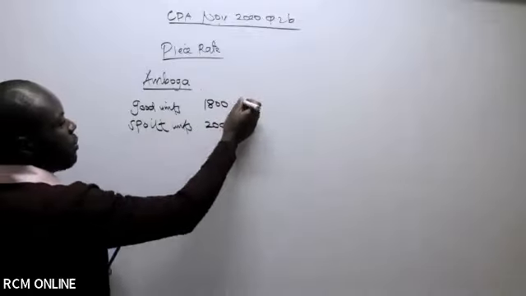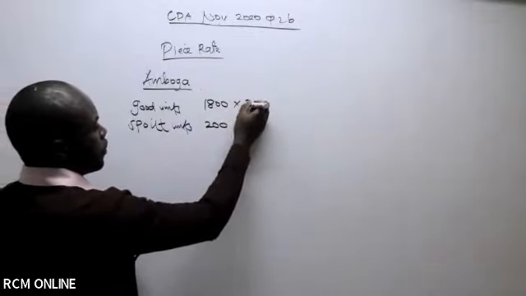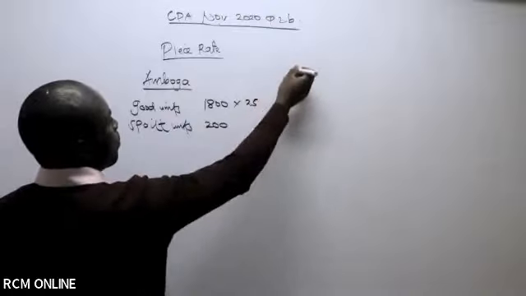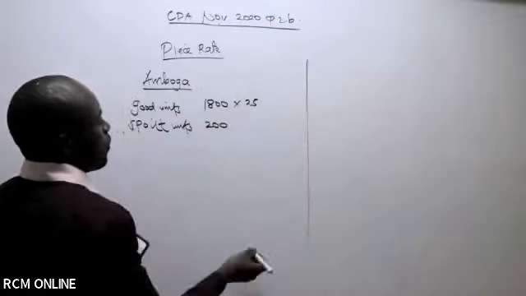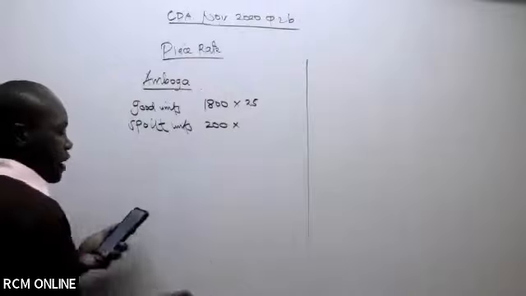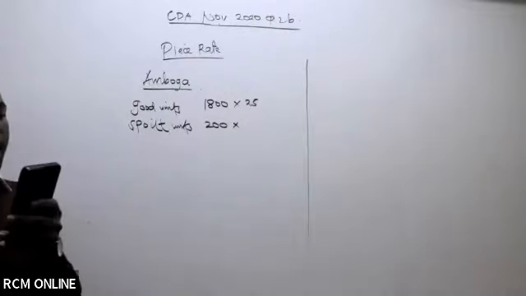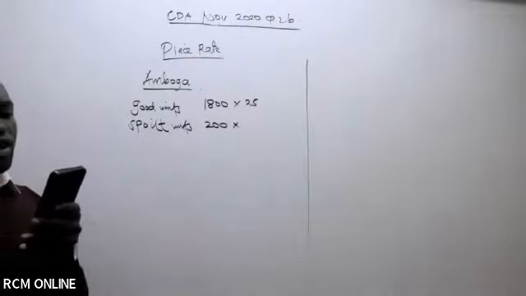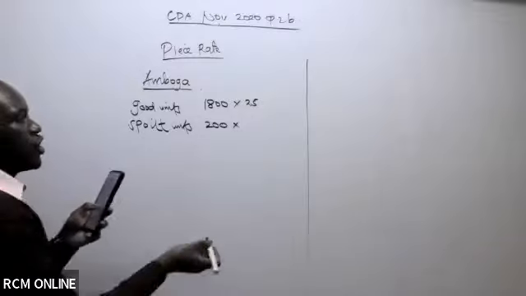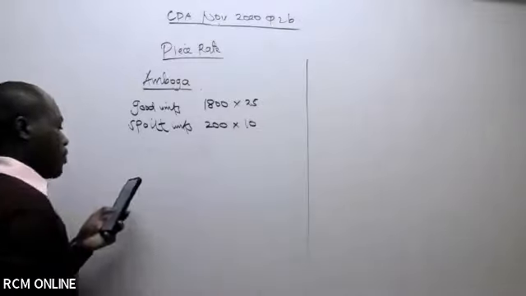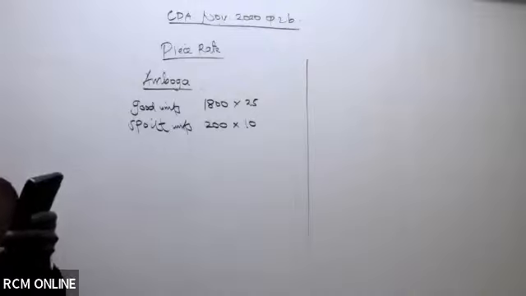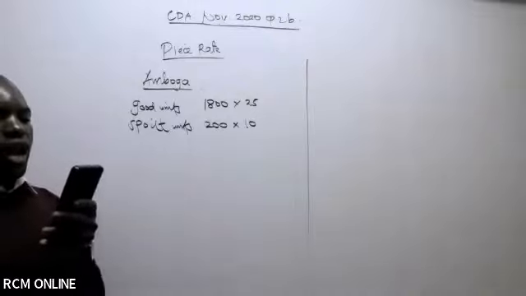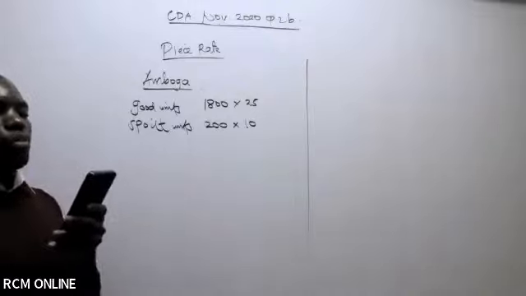So the good unit, the company is paying how much? 25 shillings, right? Then the spoiled units, the company is paying how much? Any spoiled output is paid at the rate of 10 shillings per unit, right? Then you also have a penalty of 8% charged based on the rate of good production.